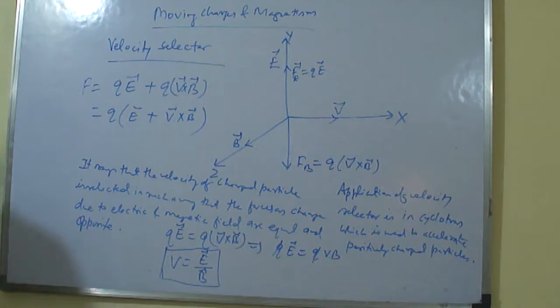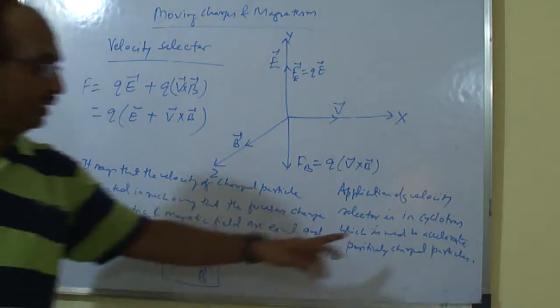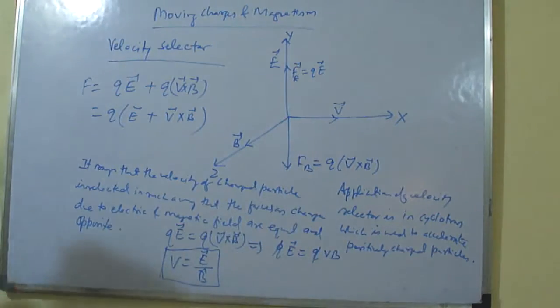Yes, sir. So the application of velocity selector is in the cyclotron, which is used to accelerate positively charged particles. Right. So this is the velocity selector.